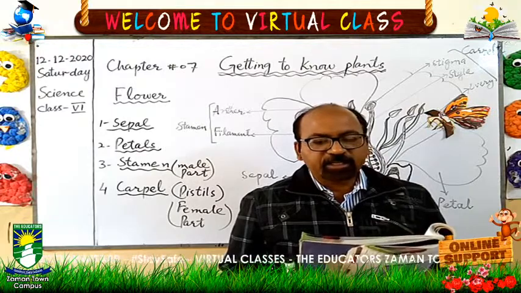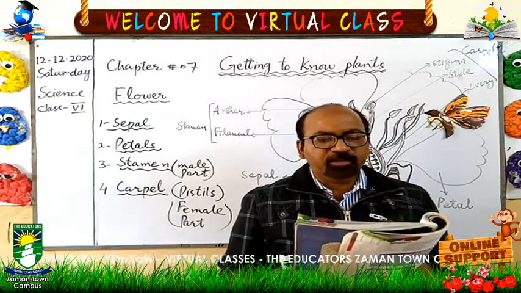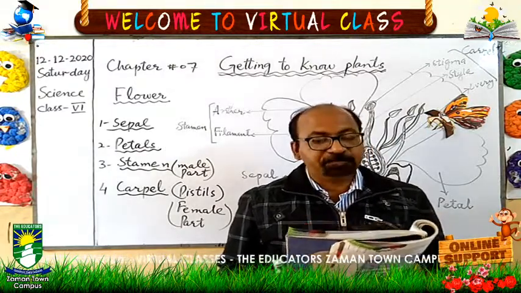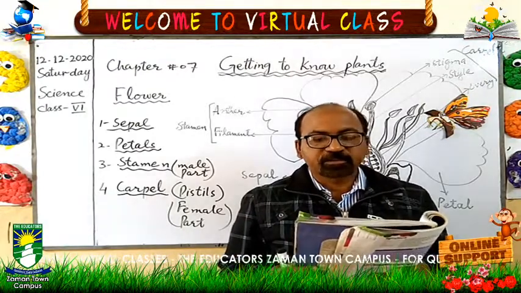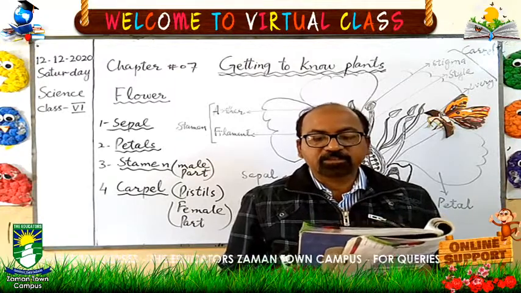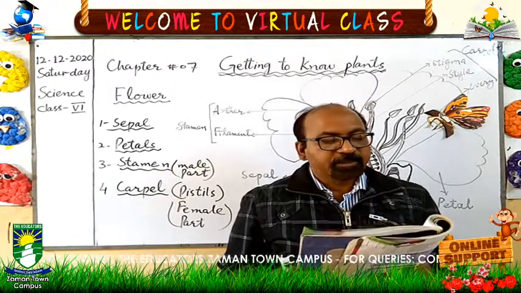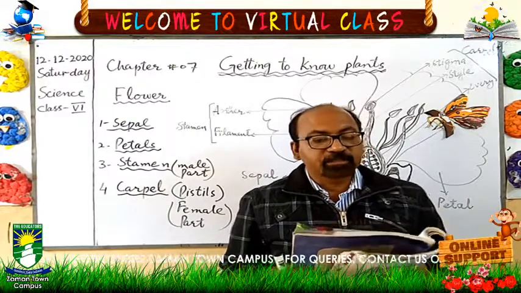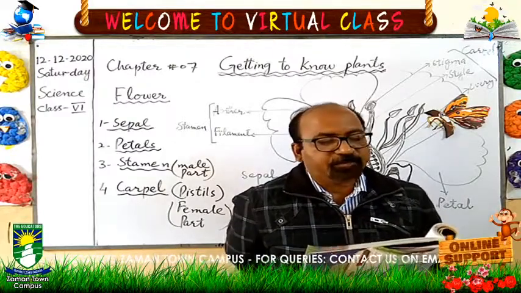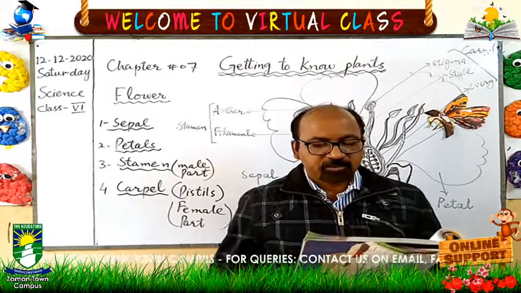And the last one: which of the following functions is performed by stem? It neither bears branches nor leaves; it does not transport food made by leaves; it keeps plants straight and gives support. The answer is that it keeps plants straight and gives support.